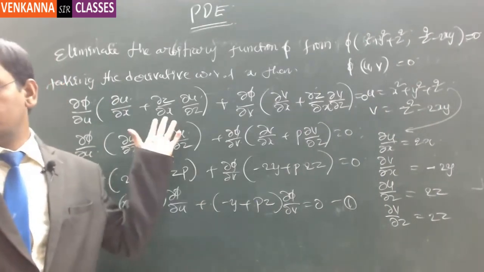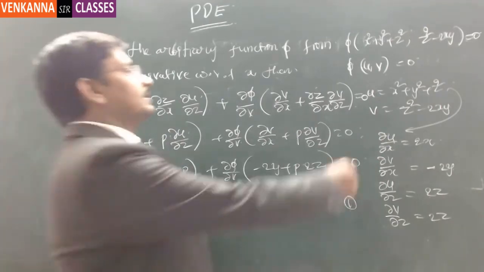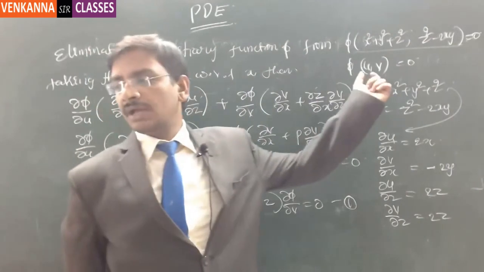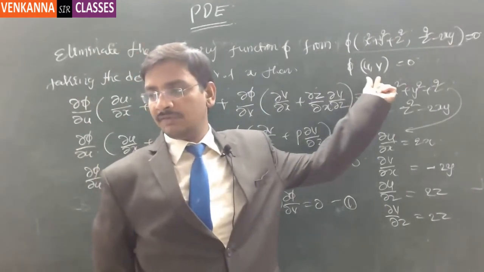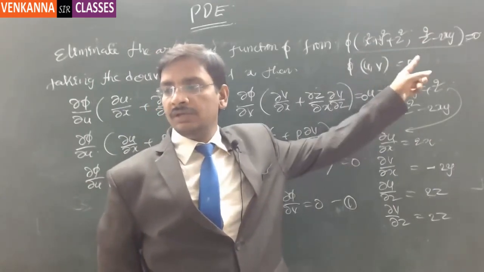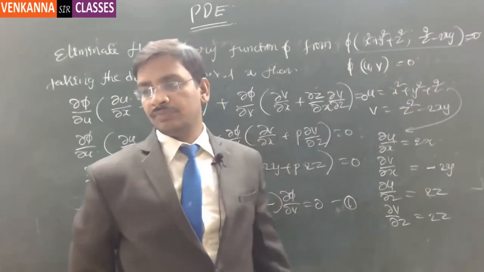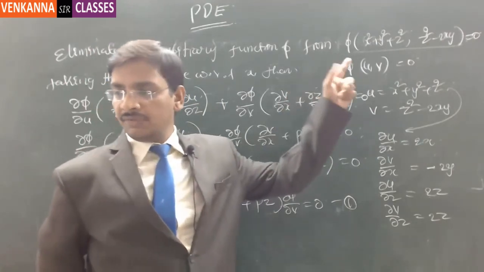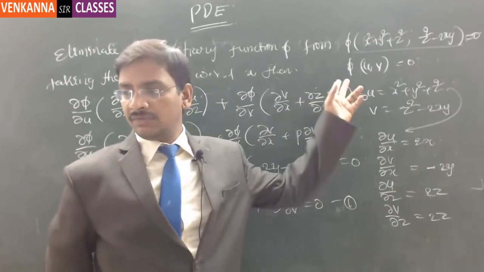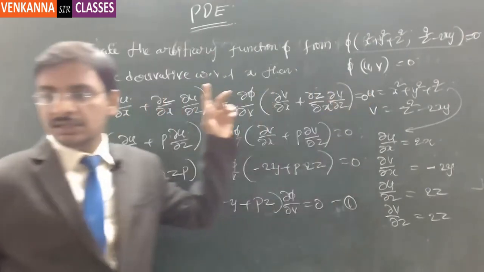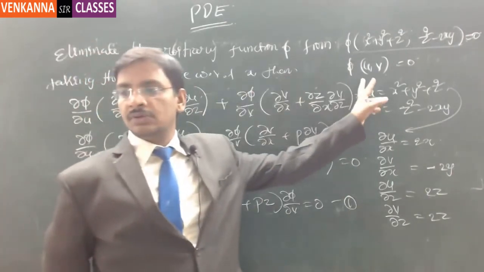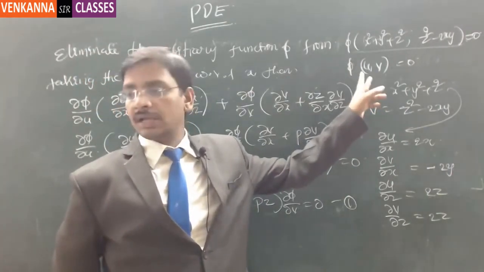This part, see this, we have the function he has given, phi, as this one. Now the phi I have taken as a function of u comma v, where u is x square plus y square plus z square and v is z square minus 2xy. And then I have done the derivative of this particular function with respect to x. Dou phi by dou u I can do because I have the function of u comma v, not x comma y.